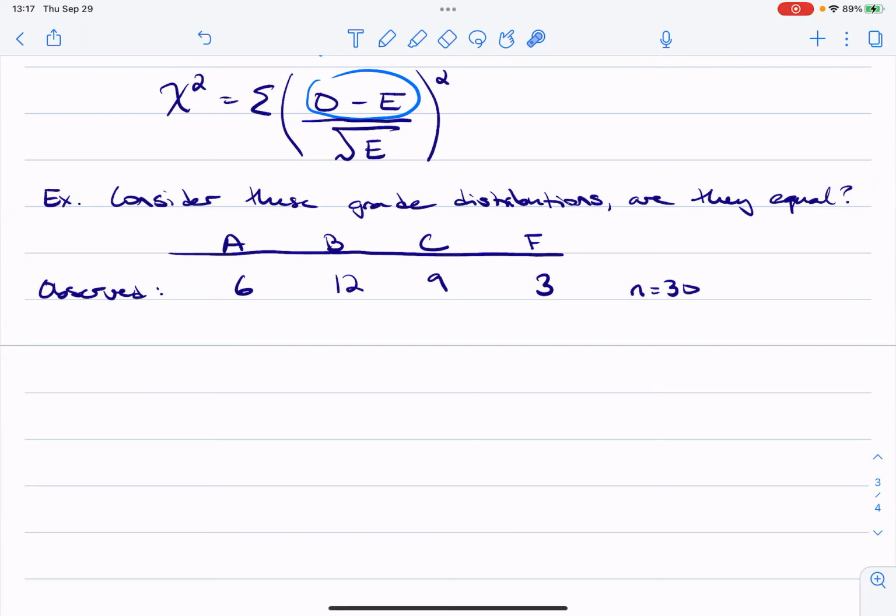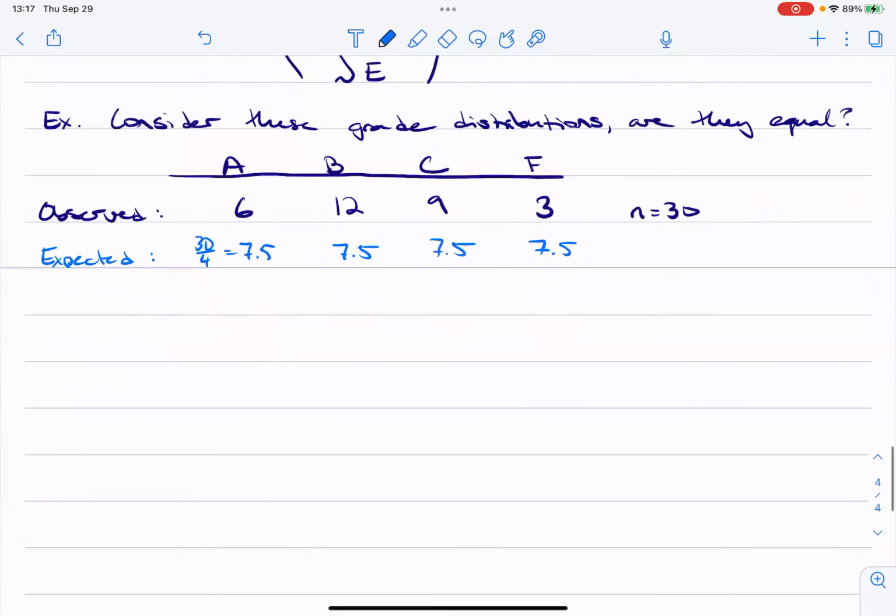So now I can find my expected counts: 30 divided by 4, which is 7.5. And it's okay to have partial counts because these are just expected counts. So 7.5, 7.5, and 7.5. This is what I would expect to see if they were equally distributed.